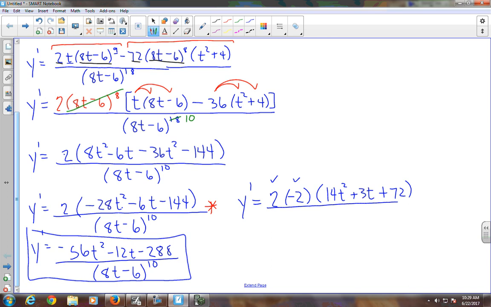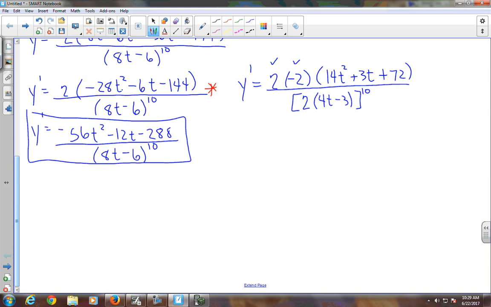Okay, and in the denominator, did you notice that the 8 and the 6 have a 2 in common? We're going to factor out a 2. So I'm going to take a 2 out of the denominator. That leaves behind 4t minus 3. We do have to be careful to raise that whole thing to the 10th power. Now, looking at the 2's in the numerator and the denominator, let's multiply that together: negative 4 times (14t squared plus 3t plus 72).